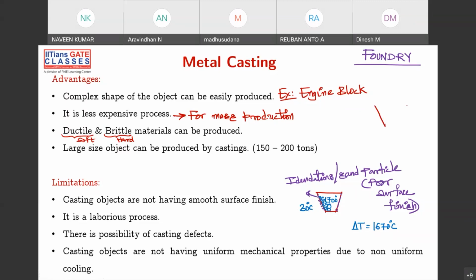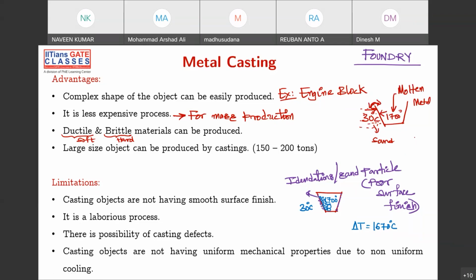You have some kind of mold cavity, and outside the mold cavity is sand at 30 degrees centigrade, and you are pouring liquid molten metal here. Suddenly this side of the wall is 1700 degrees centigrade, and this side of the wall is 30 degrees. So there is a huge temperature difference between these two.